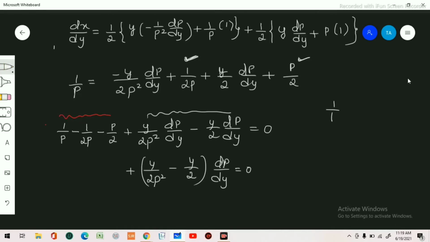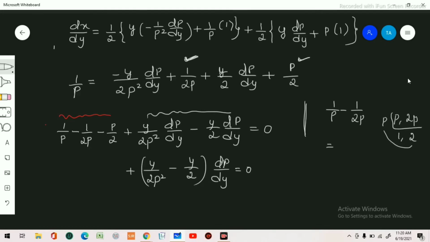See 1 by p minus 1 by 2p. What is the LCM now for these two terms? How will you find out the LCM? p's are p, 2p's are 2p.